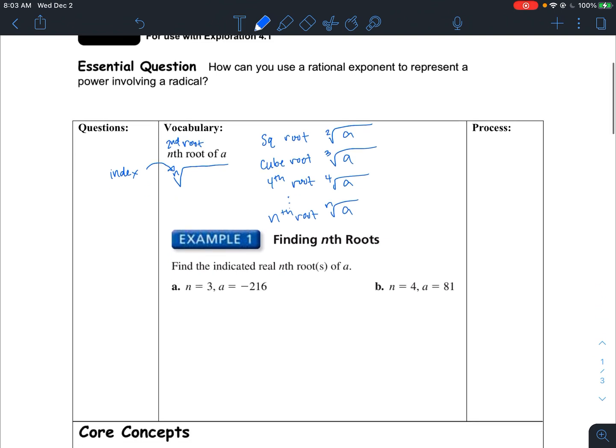So in this first example, when it says find the indicated nth root of a, a here is negative 216. If you're finding the nth root and n is equal to 3, this means you're finding the cube root. So the index number tells you what number multiplied by itself 3 times is equal to negative 216.